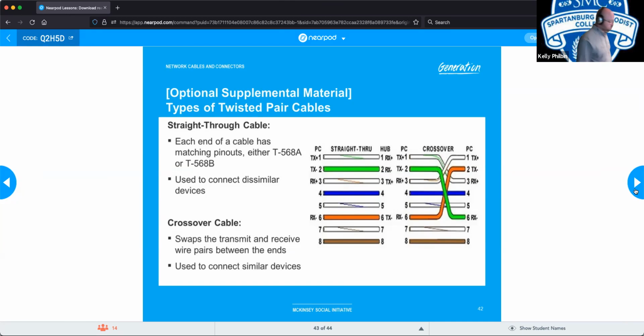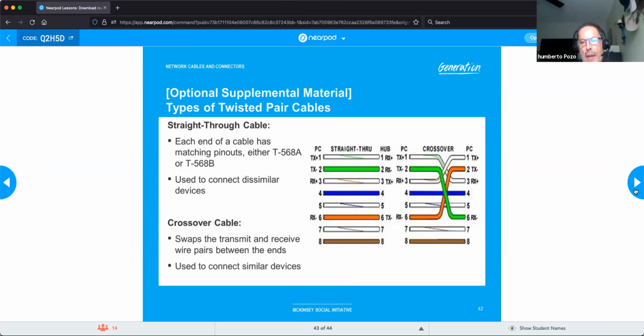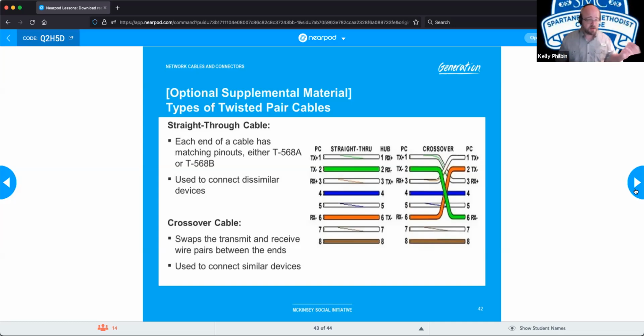Yes, Humberto. But in modern devices with the sensor that you mentioned, you don't have to worry about the crossover or straight. No, we do. The hub is where the collisions were happening. And the collision was just two devices talking at the same time, so the data is running into each other. This would be a direct connection between two computers, so I wouldn't be using a hub or a switch.